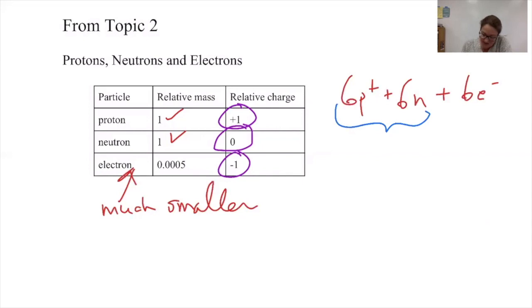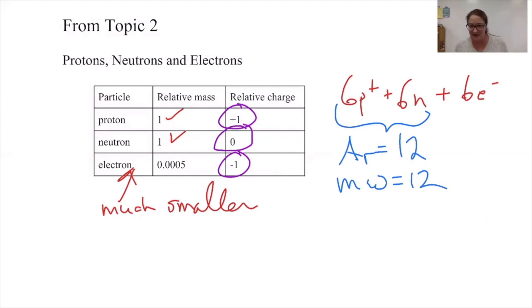So we would say that the relative atomic mass would be 12. A sub r is what that says, like in the previous video, or we would say the molecular weight equals 12. Now, something you should know is that protons give an element its identity.